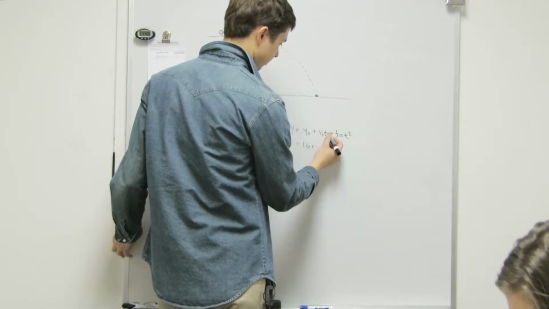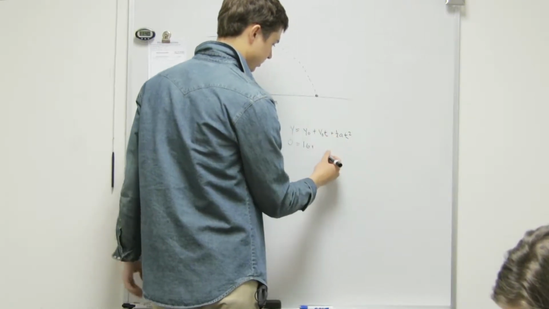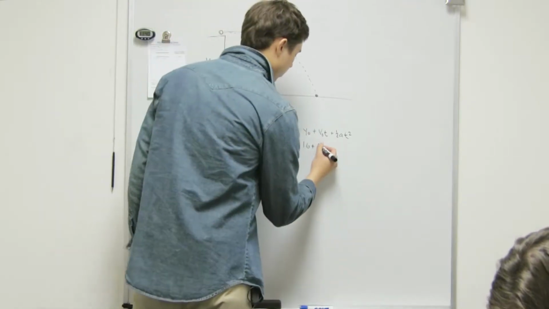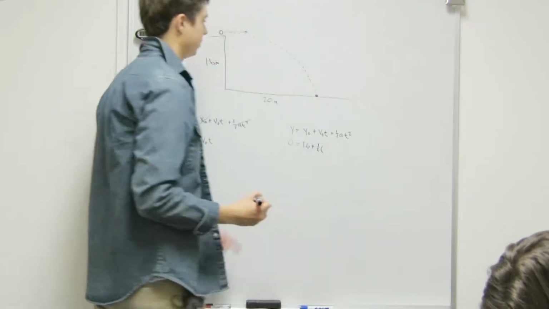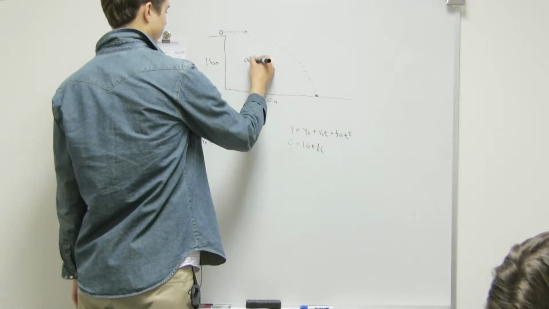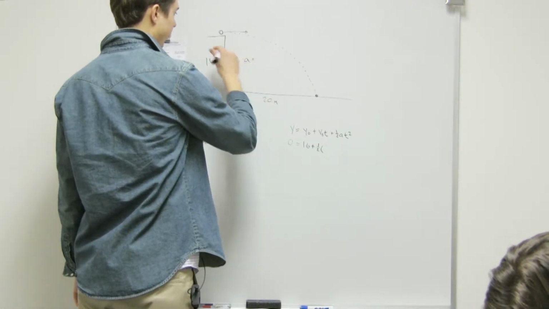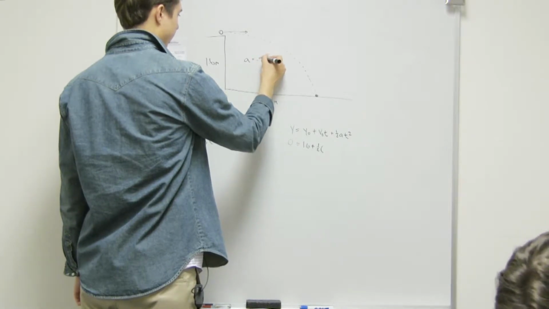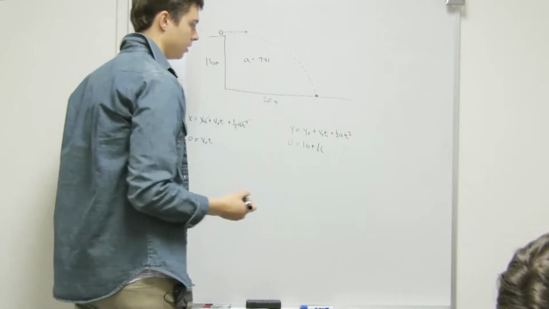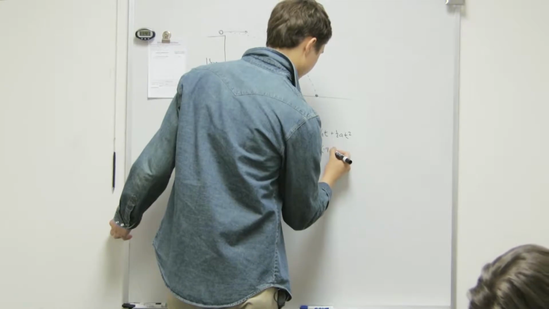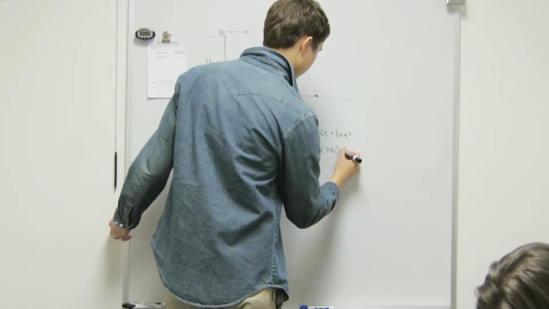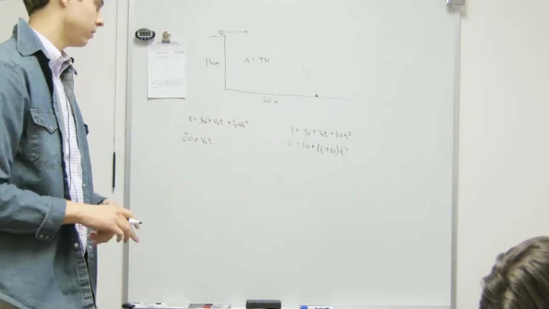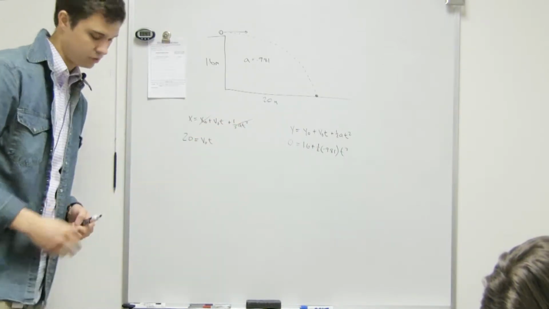So if that's 0, it doesn't matter what t is, that whole thing just goes to 0, so we'll skip that. Plus 1/2 a in that y dimension, there is a value, unlike the x dimension, which is 0. In the y dimension, it's negative 9.8 or 9.81 t squared. So now we've got an equation with just one variable, and it's the variable that we want. So we can solve for t.